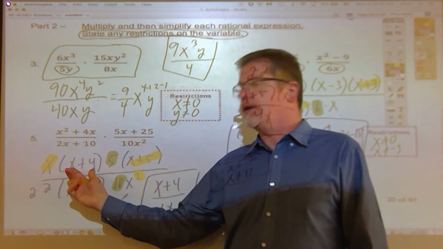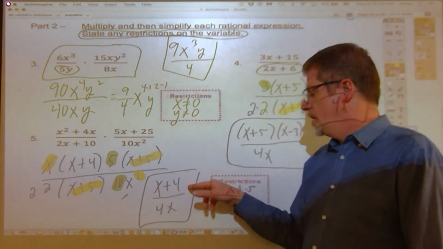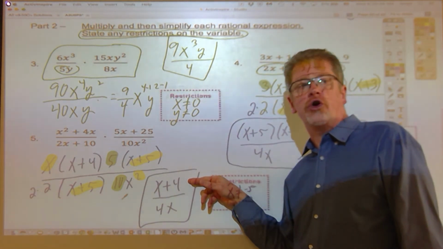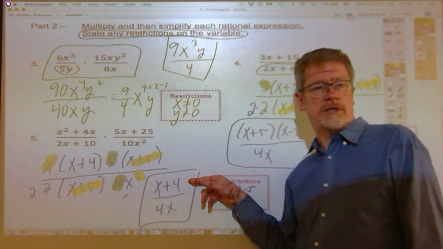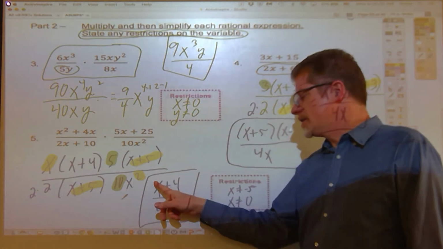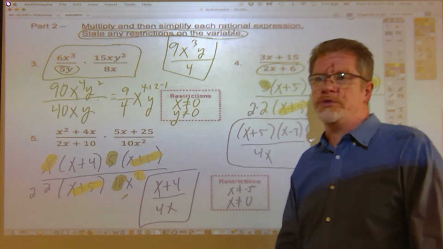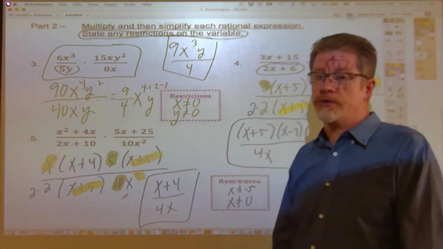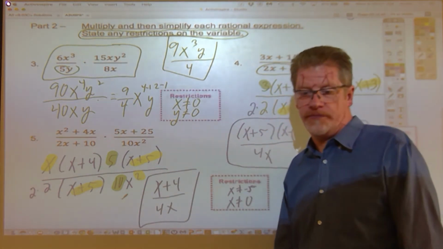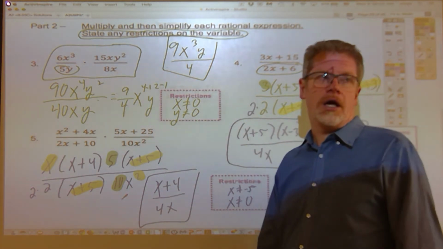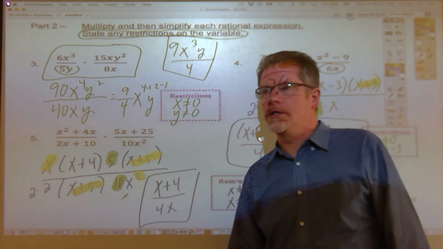X and 4 are now terms. So notice the numerator is in, quote, termed form, unquote. And so you cannot cancel this x term with that x factor. So termed forms don't cancel, factored forms do cancel. Further questions on number 5?